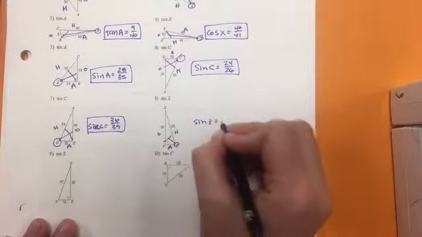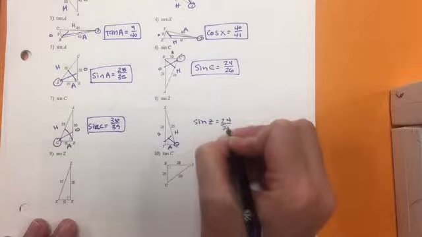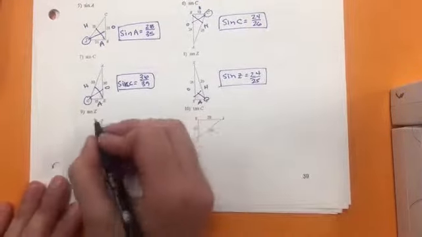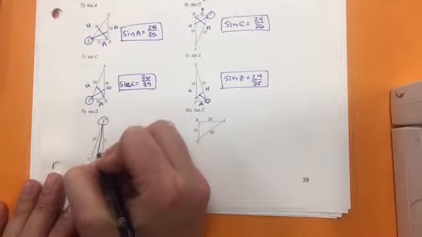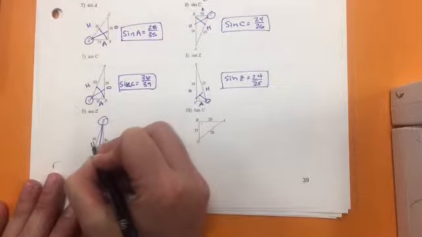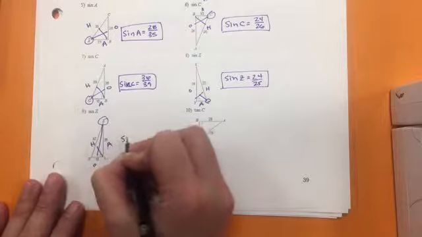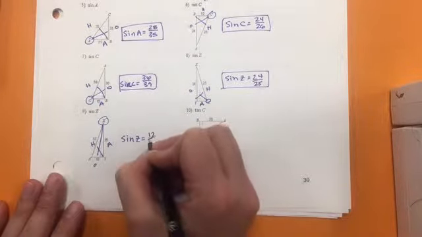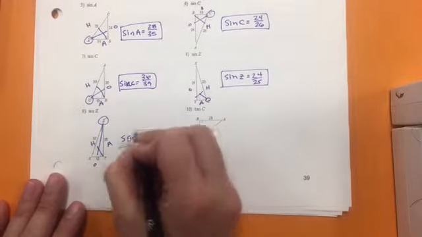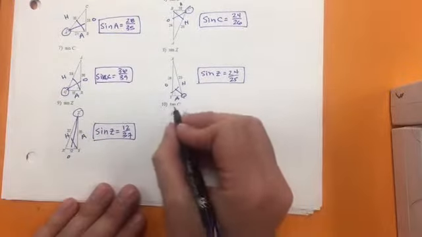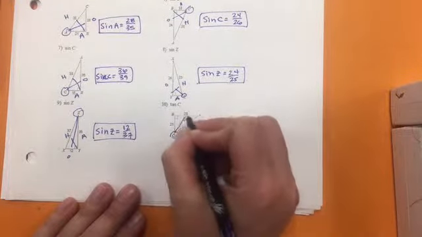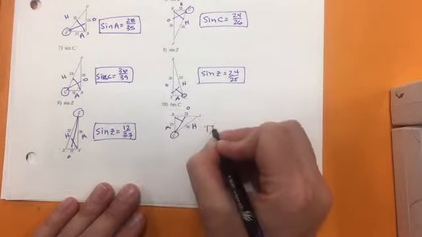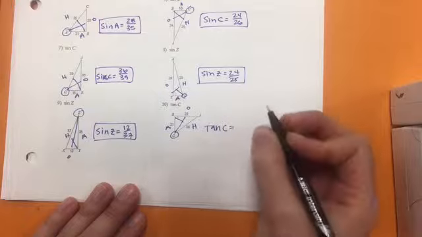Sine is O over H. Tangent of C, I label opposite, hypotenuse, adjacent. Tangent is O over A.